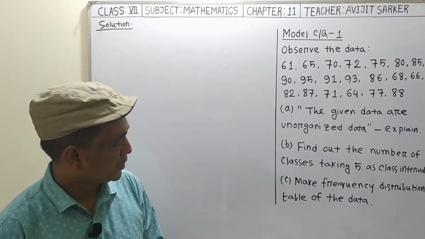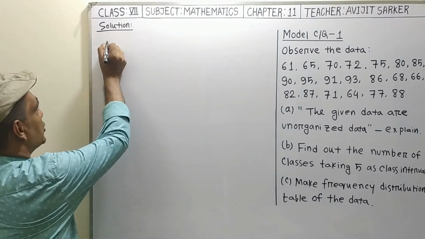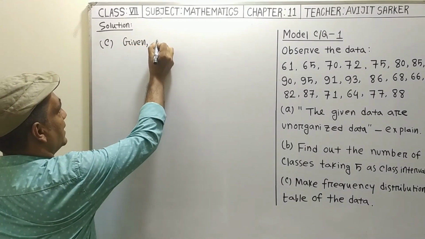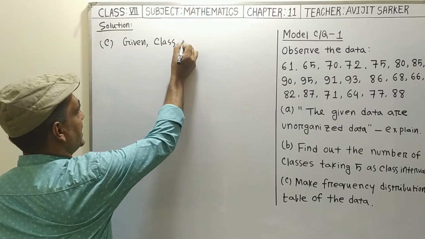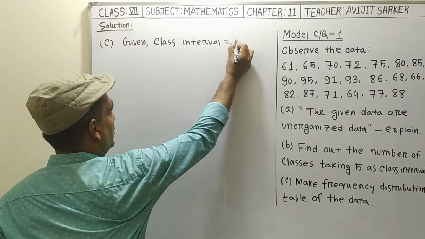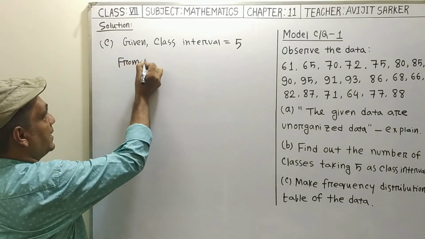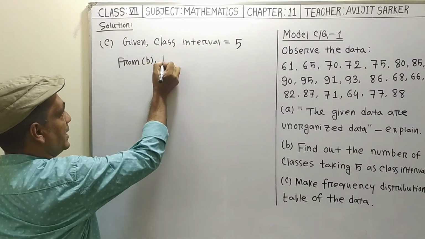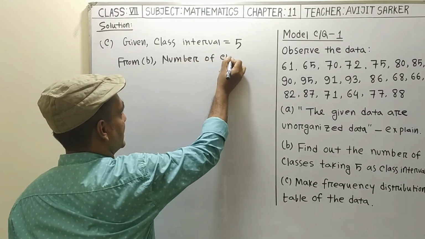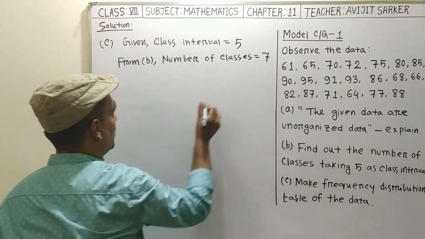Next, question C. Make a frequency distribution table of the data. Solution of C. Given class interval equals 5, number of classes equals 7.